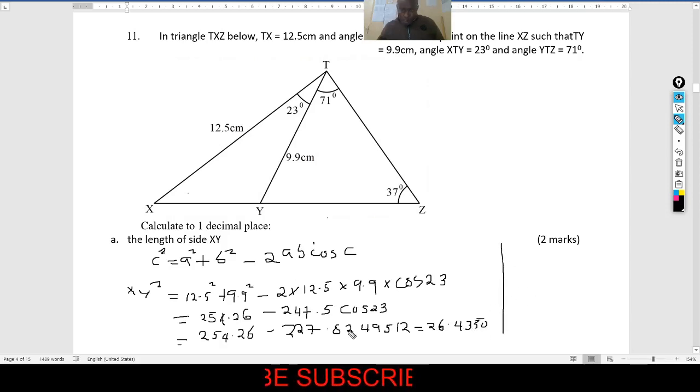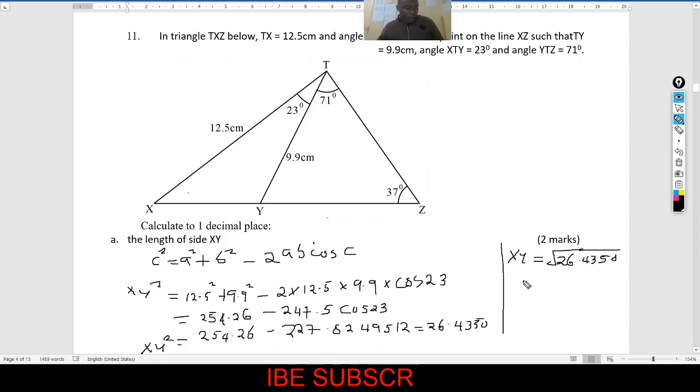So to get your XY, remember this is XY squared. So to get XY, you find the square root. XY equals the root of 26.4350.